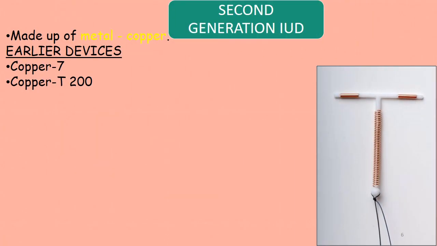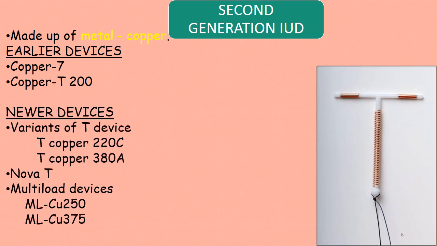Then coming to the second generation intrauterine devices, these are made up of metal, that is copper. Early devices are copper 7 and copper T200, and newer devices are variants of T devices. You can see at the right side of the picture, copper T, which is T in shape, and variant devices are also available: copper T 220C, copper T 380A, Nova T, and multi-load devices, ML copper 250 and ML copper 375.